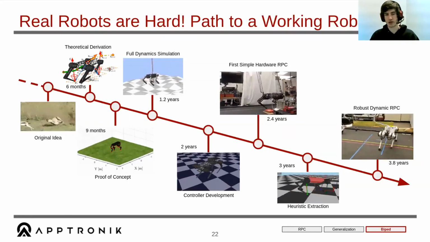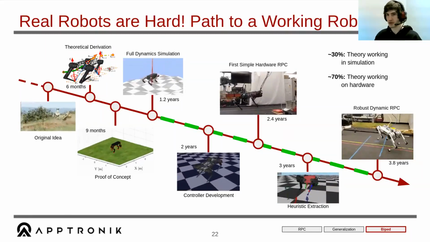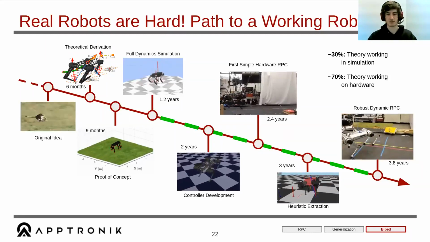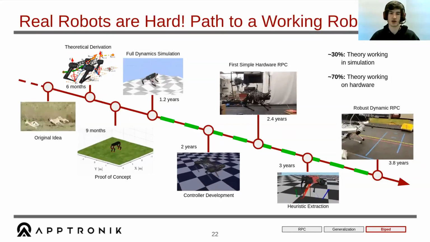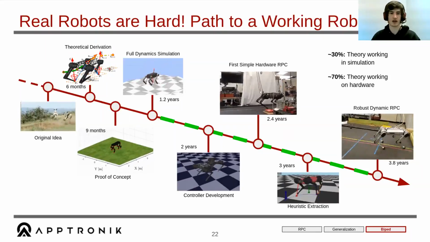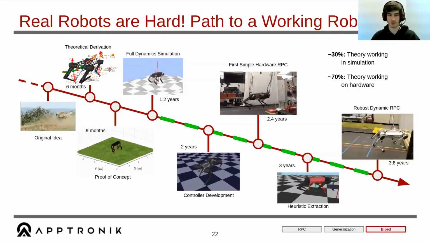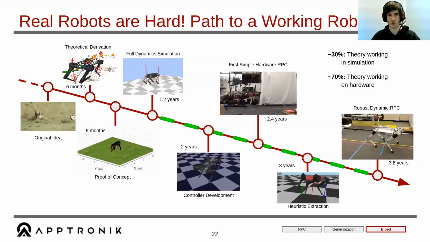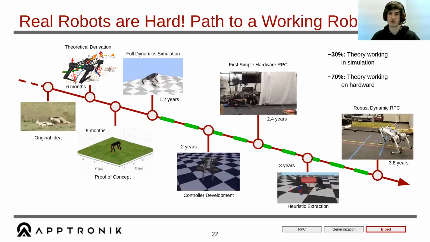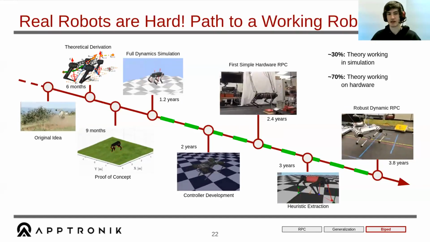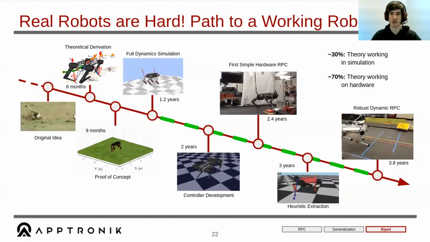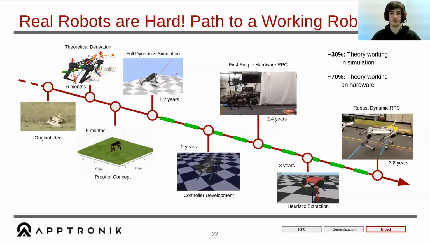So if you think about the breakdown, about 30% of that time was working on theoretical work in simulation as far as being the end goal. I was able to show that the full dynamic simulation was able to stabilize the robot. And then the real challenge became putting that theoretical work and simulation work onto the real robot.